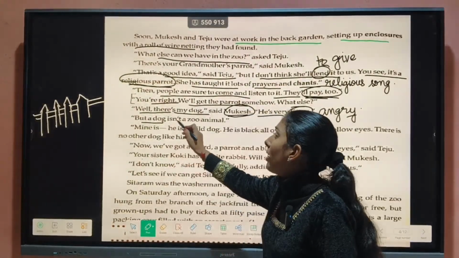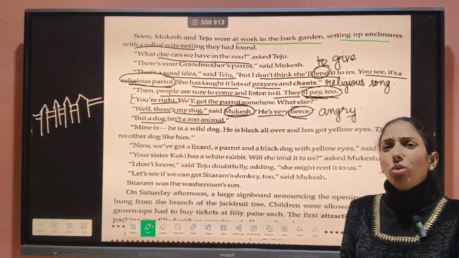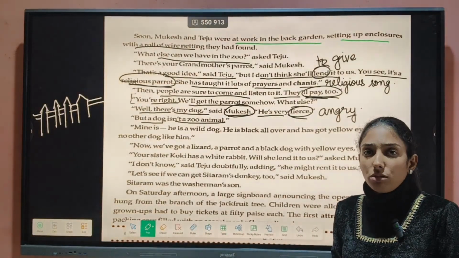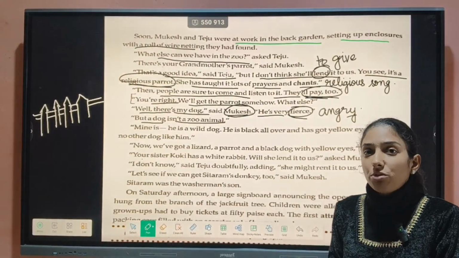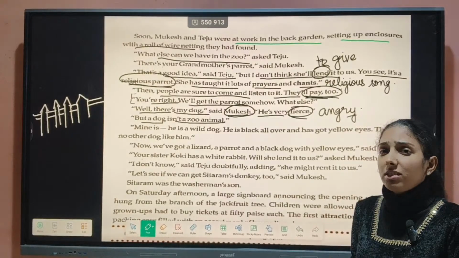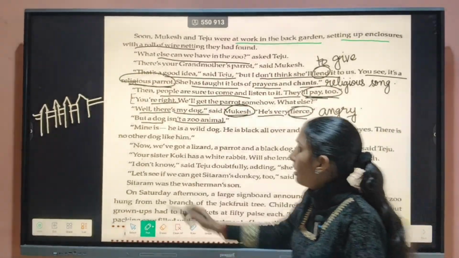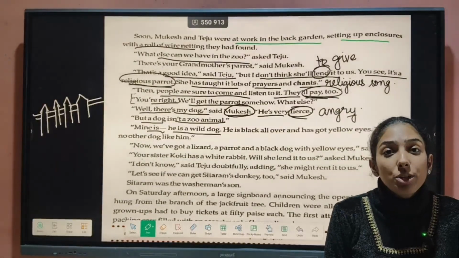But a dog isn't a zoo animal. Teju is saying that who will come to see a dog in the zoo? In zoo we see different types of animals which are wild. Okay, but dog is a domestic animal. Everyone is having. What is so special about it? Mine is. He is a wild dog.